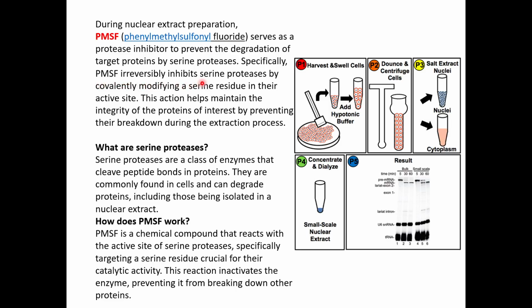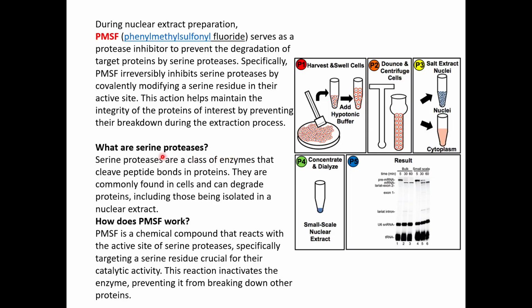Specifically, PMSF irreversibly inhibits serine proteases by covalently modifying a serine residue on their active site. This helps in maintaining the integrity of the proteins of interest by preventing their breakdown during the extraction process.